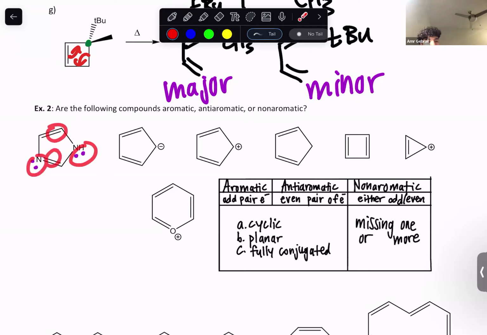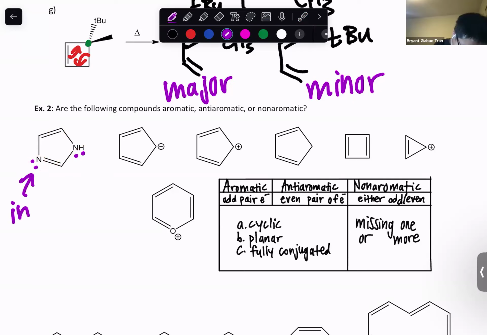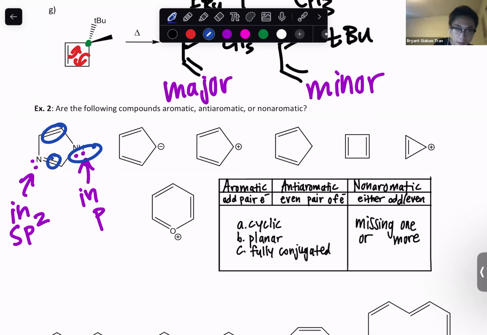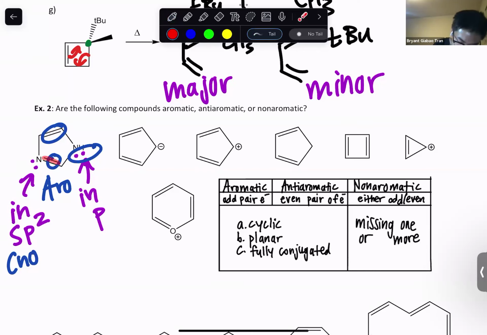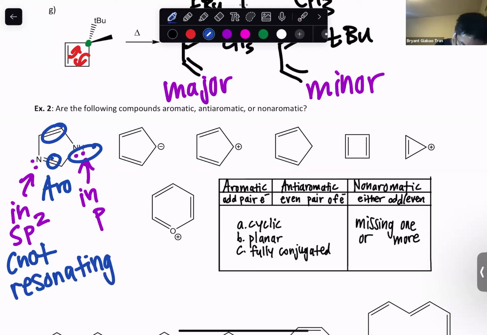Oh, wait, no, that one doesn't resonate, so it'd be aromatic because there's 3. This is in an sp2 orbital. This is in a p orbital, and electrons in the p orbital are resonating. So those electrons are resonating, and these electrons. Odd pair, aromatic. That pair on a nitrogen that is already double bonded to a carbon is not resonating, so we don't count that as a pair.